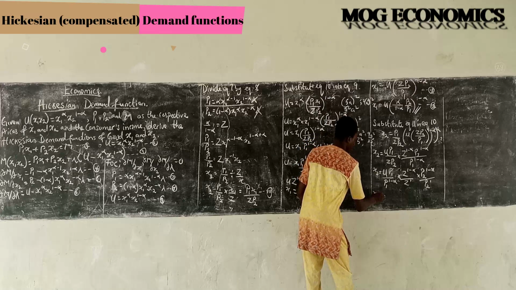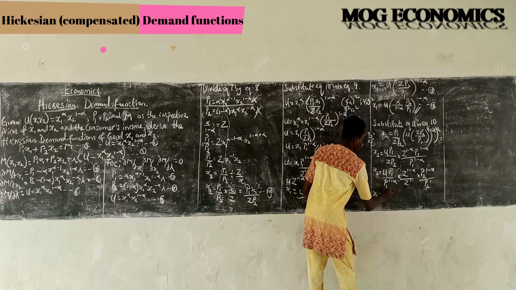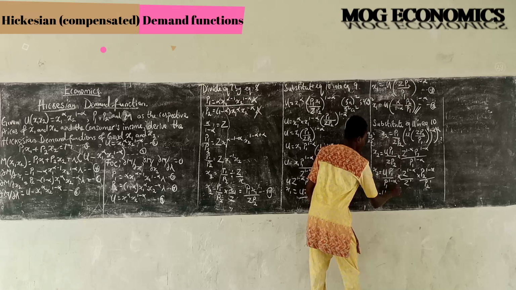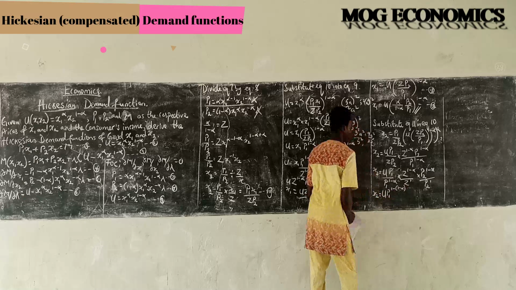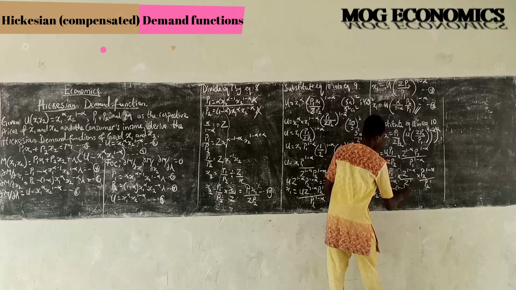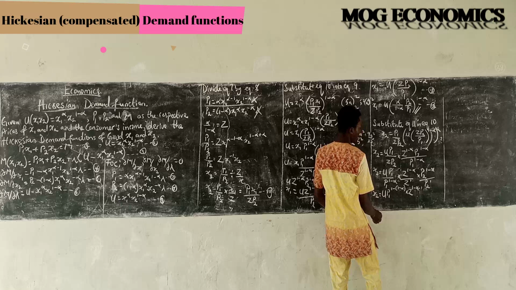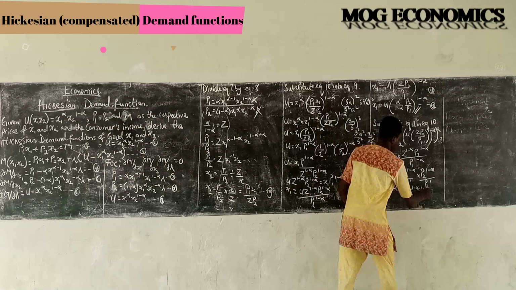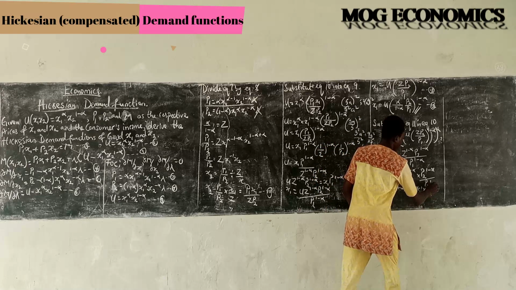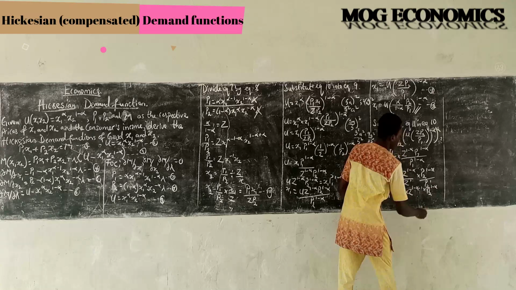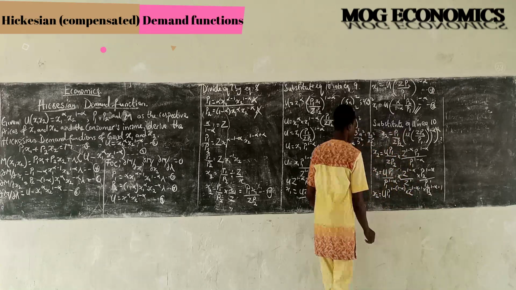So x2 now is equal to the utility function, then p1^(1 minus alpha), right, times z^(1 minus alpha) minus 1. Okay, then times p2^(1 minus alpha) minus 1.